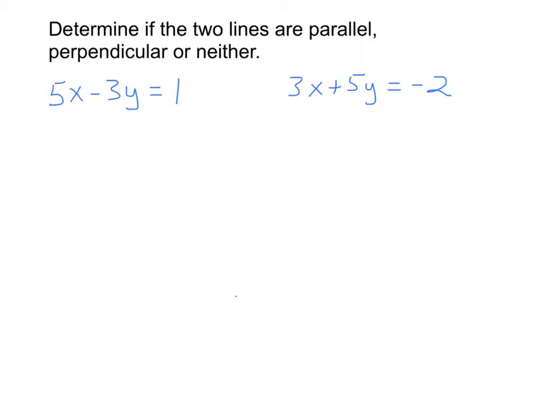Let's start with the equation on the left. We're trying to solve for y, so we'll start by subtracting 5x from both sides. That will give us -3y equals -5x plus 1. And then we'll divide everything by -3.